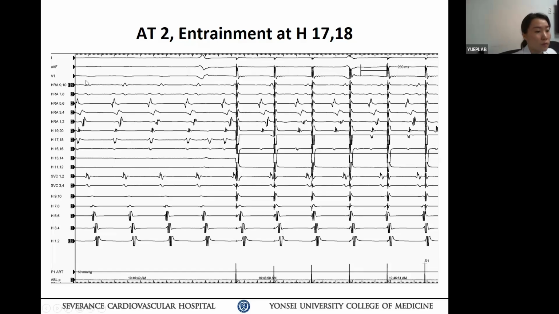So with any variation, the tachycardia can change to another tachycardia. This pacing can terminate the tachycardia, or change or degenerate it. So if you would like to pace here, then you sense here, and then delay zero.